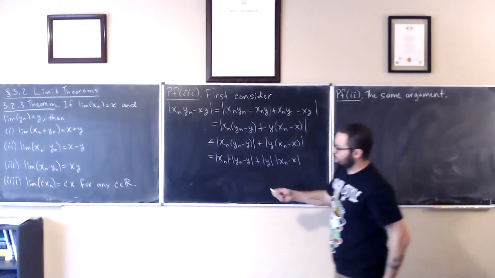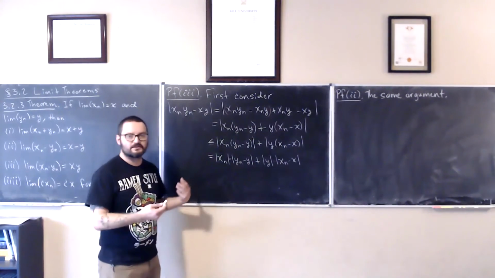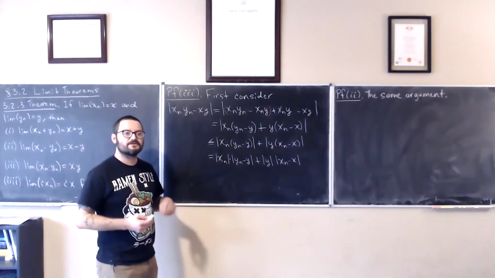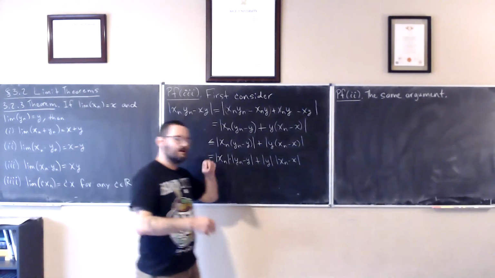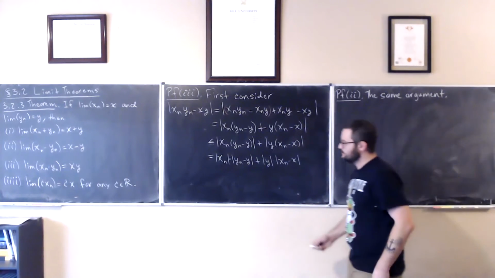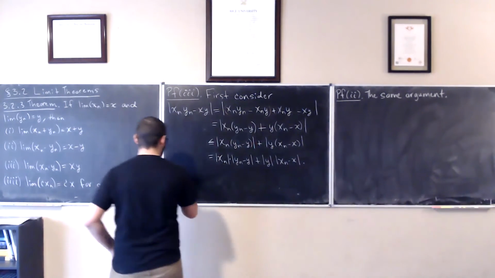Well, by the previous theorem from the previous lecture, we know that xn is convergent, which means that it's bounded. So in absolute value, xn is bounded by some m, right? So I'm going to go ahead and say that.